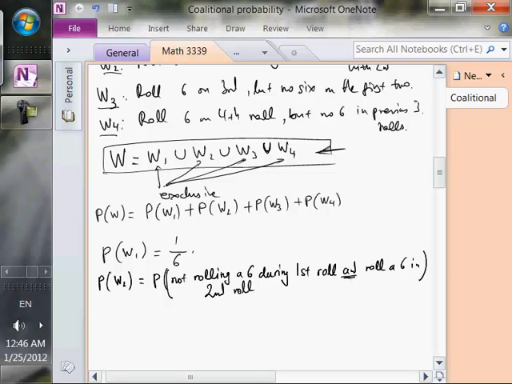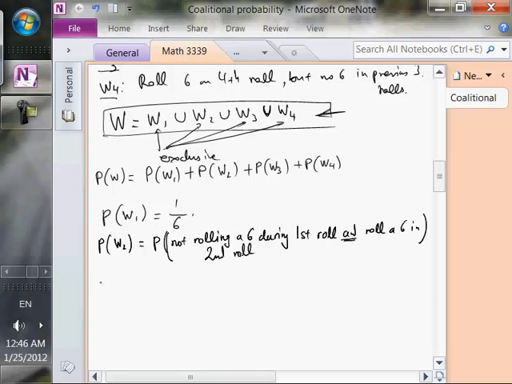And I will use the conditional probability that we spoke about later to calculate the probability of this event.